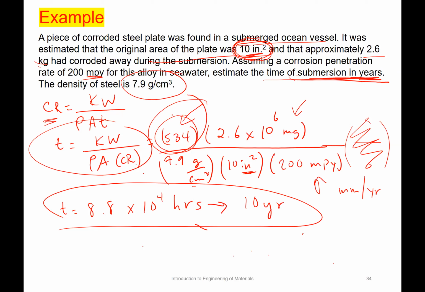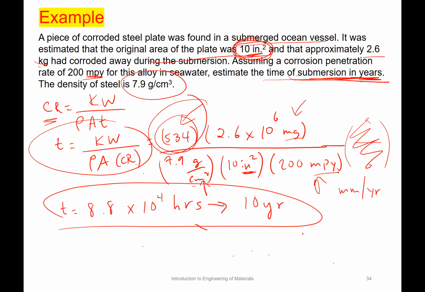That's not conventional, so most people don't, but you use 534 if these are your units: density in grams per cubic centimeter, area in inches squared, mass loss in milligrams, and corrosion rate in mils per year. This table is given in chapter 16, though I don't remember exactly which table it is.